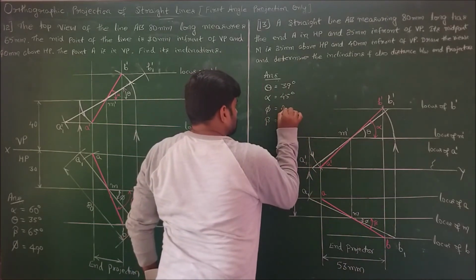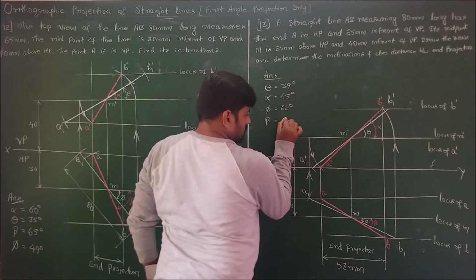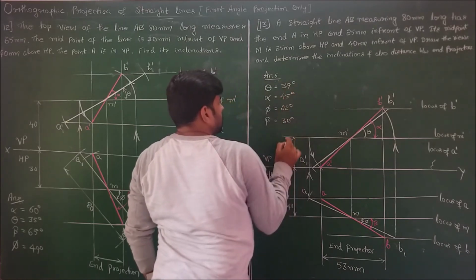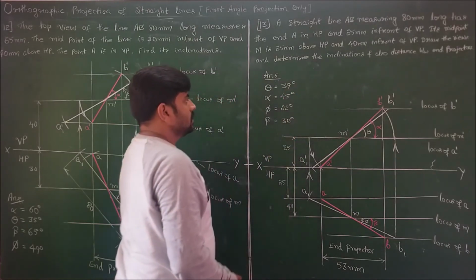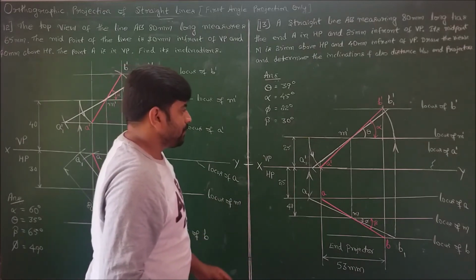So phi is 22 degrees and beta is 30 degrees. So this is the solution for problem number 13.